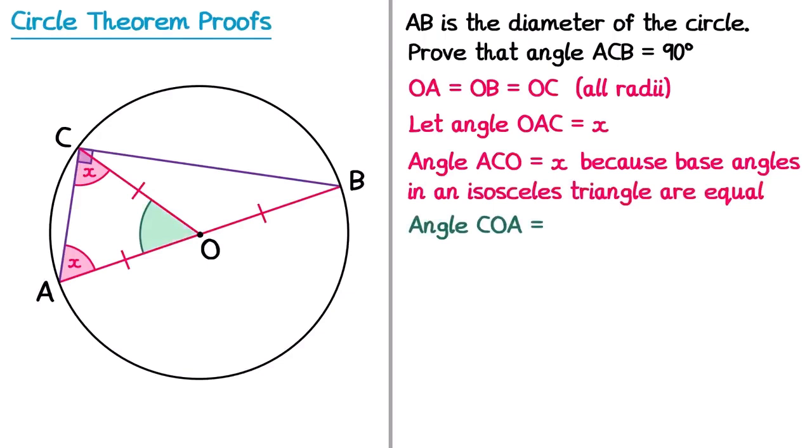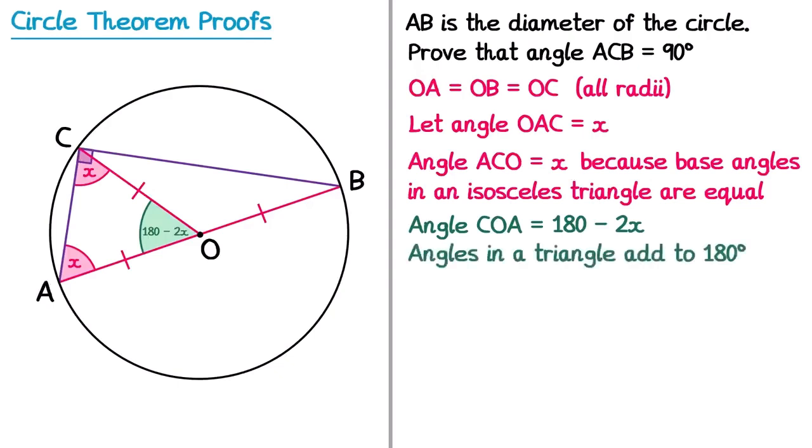Since we know the other 2 angles in that triangle are both X, we could subtract those from 180 and we'd find this angle. So angle COA must be 180 take away 2x. So let's mark this onto the diagram, and once again we're going to explain this step. The angles in a triangle add to make 180 degrees.